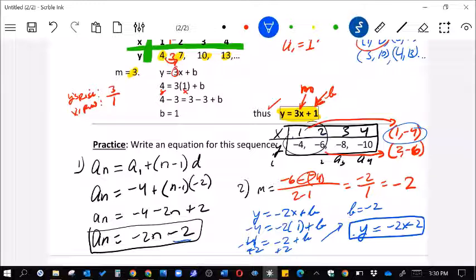Notice that the slope and the y-intercept are the same in both equations. Finishing that, they're both equal.